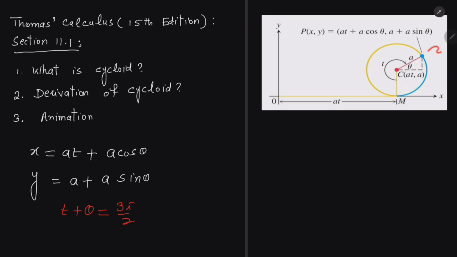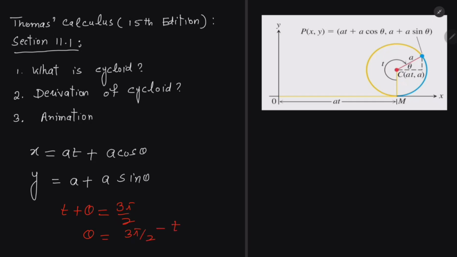As I explained earlier, this is 180 and this whole angle is 90 and it becomes 270. From here we can calculate theta. Since we want to remove theta, theta will be equal to 3 pi by 2 minus t.